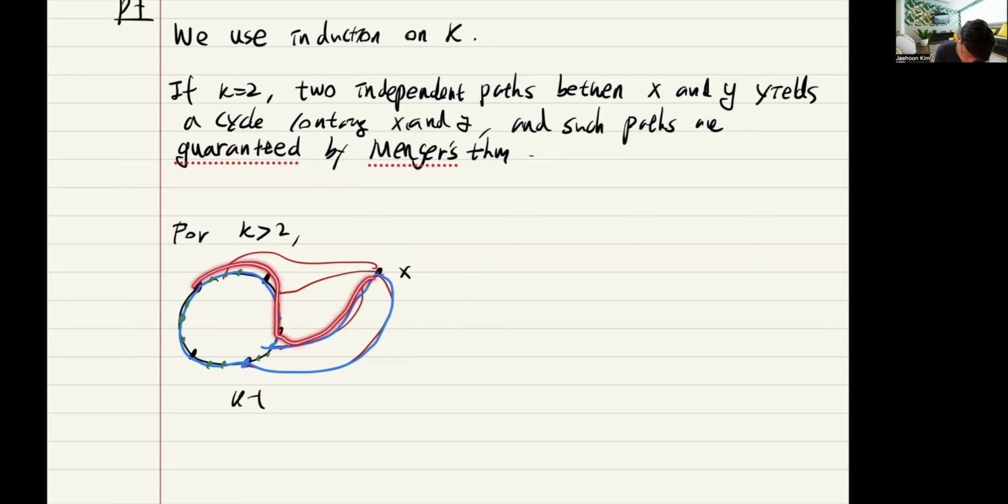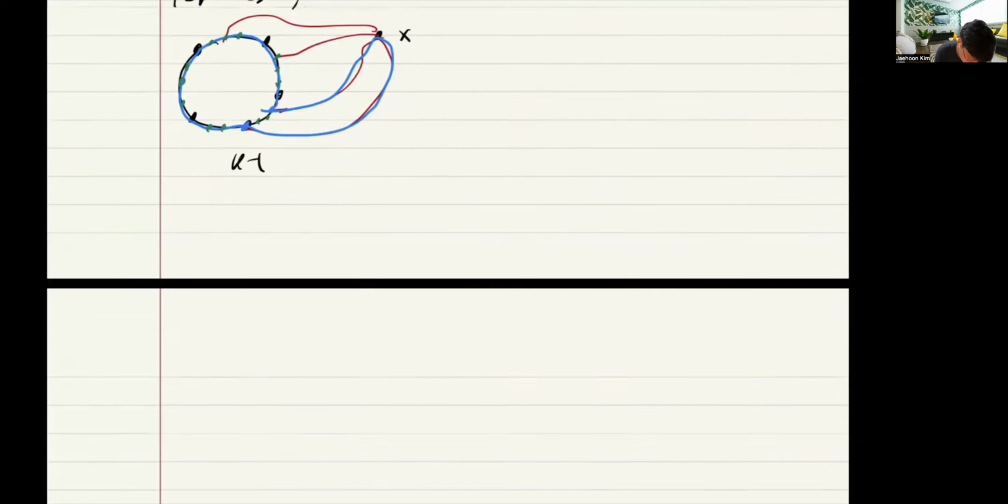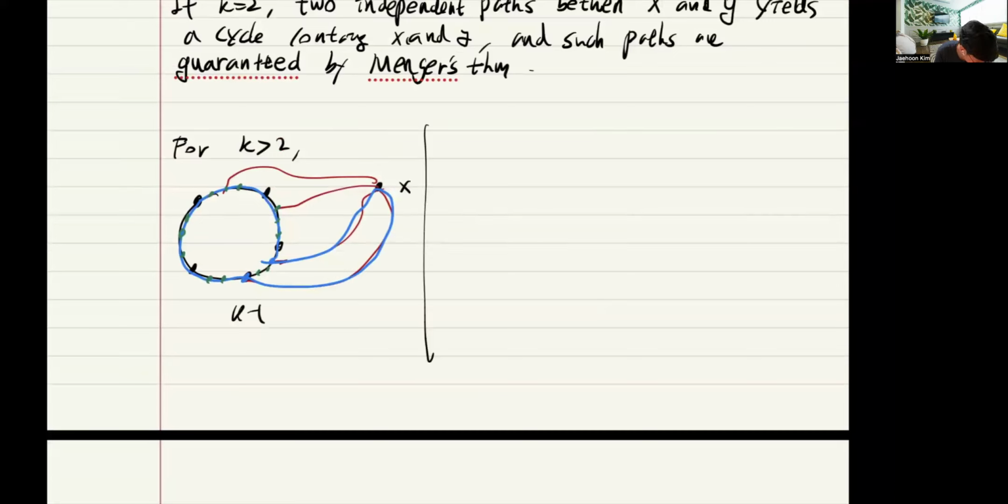Then you obtain a desired cycle. So that's roughly the intuition.